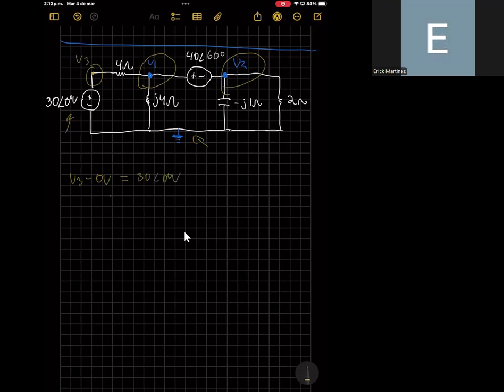So we can say that V3 is equal to 30 with an angle of 0 degrees. Okay, so this is the way in which you can start solving the circuit.